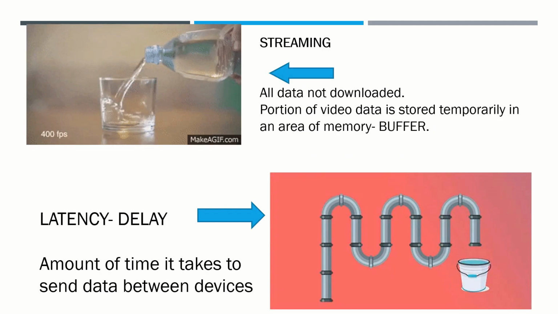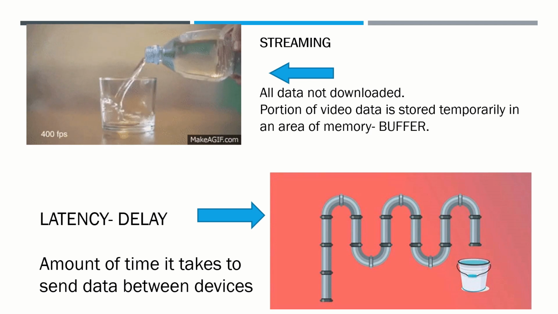Now coming to streaming. Streaming is when you watch a video, it is streamed, or stored temporarily in the buffer. When you watch a video, you can see how much buffer is loaded. Streaming is done so that there is no need to download the whole video file.